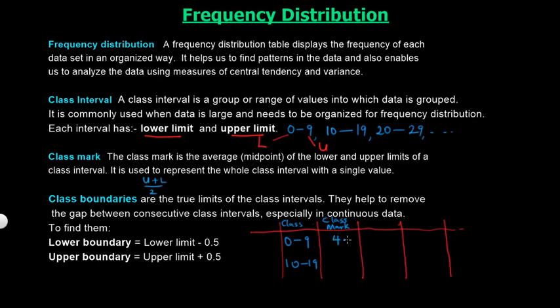So that is the midpoint of this class. While if you do the same thing here, 19 plus 10, that's 29. 29 divided by 2, that's going to give you 14.5. So that's the class mark, which is also referred to as the class midpoint.